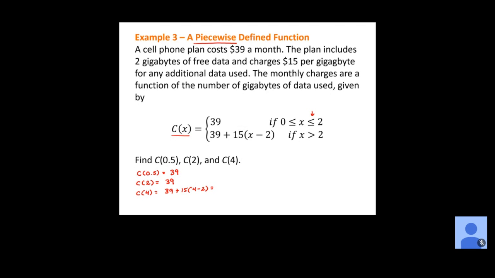Good. So what's in parentheses? 4 minus 2. So that's going to give us 39 plus 15 times 2. All right. Then what would come next? Good. The multiplication. 15 times 2 should give us 30.